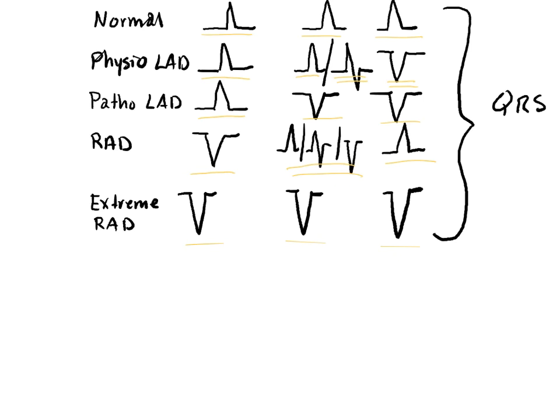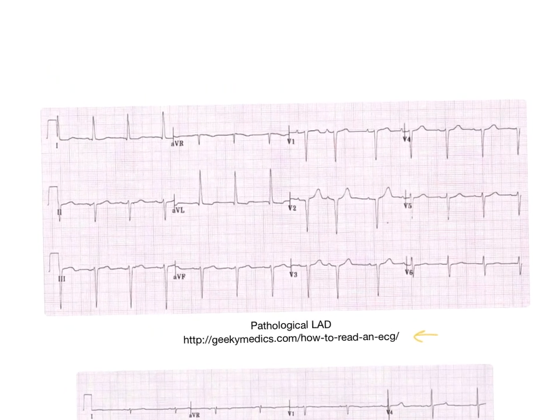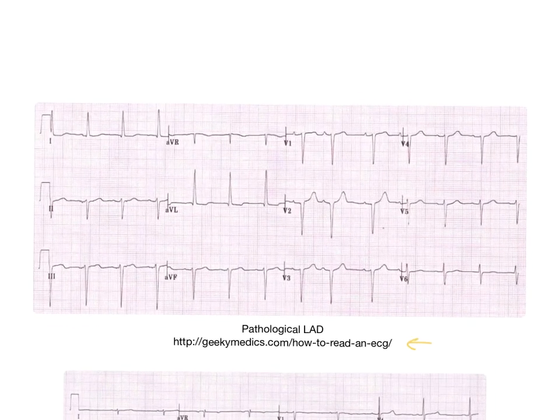Okay, so let me give you guys a couple of examples real quick. Again, I have shamelessly stolen these, but I have referenced them for educational purposes only. This first one is an example of pathological left axis deviation. So let's look at our QRS complexes. What is it in lead 1?